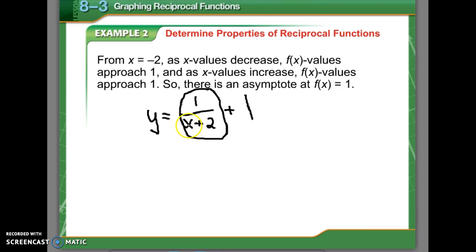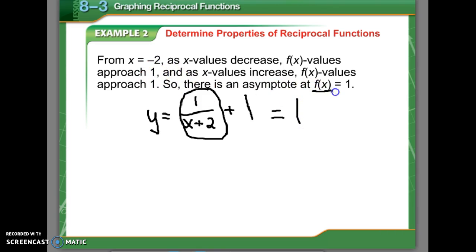So if I put in like a million plus 2, and I did 1 divided by 1,000,002, you're going to get a really, really small number. So this fraction gets closer and closer to 0 the farther I go out. So as this becomes 0, this equation basically becomes 0 plus 1, which is 1. That's how they get this 1 answer up here.